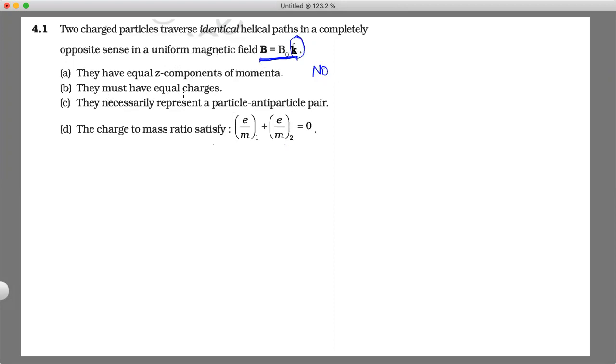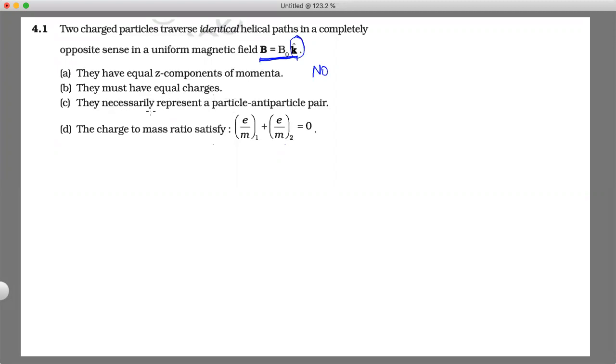They must have equal charges. Now, they could have had equal charges, but must is definitely not true, because there are many other variables which can be controlled to get this.